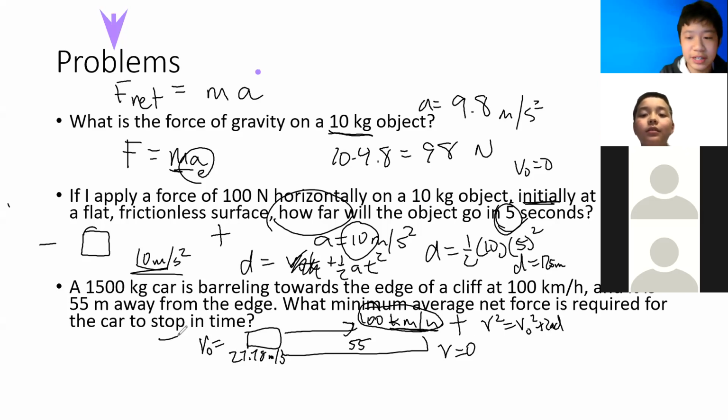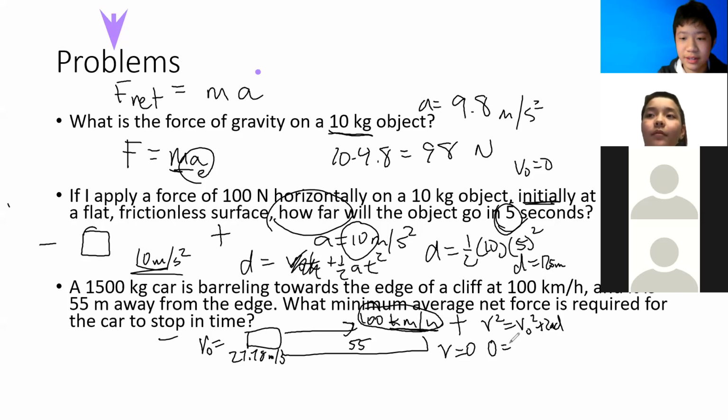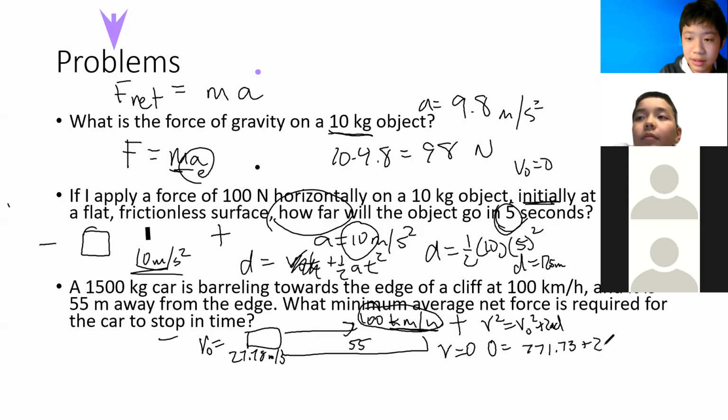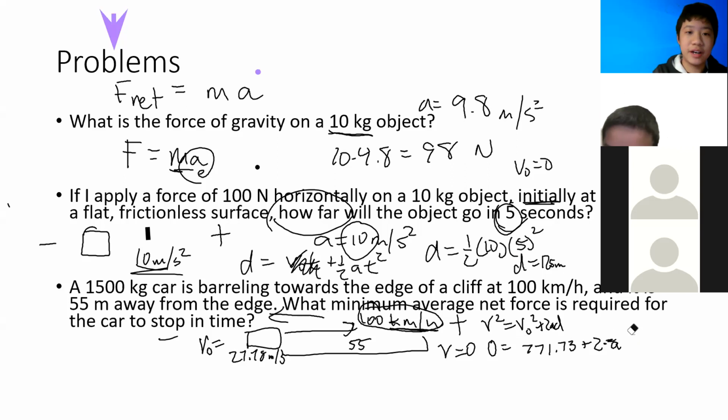My final v is going to be 0 because I want it to stop, and my initial v, v0 squared, is just 27.78 squared, which is 771.73, plus 2 times a times my displacement. Remember that a is going to be negative because I want to apply a negative acceleration for it to slow down. So it's negative a, and my d is 55.